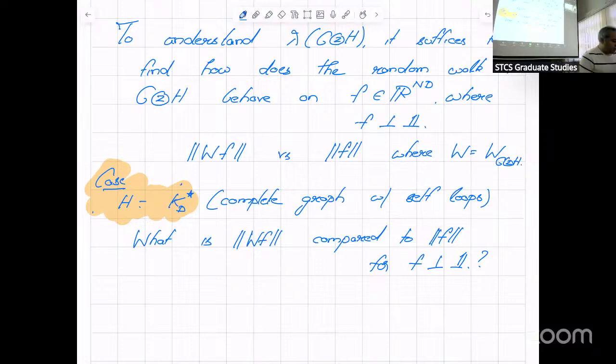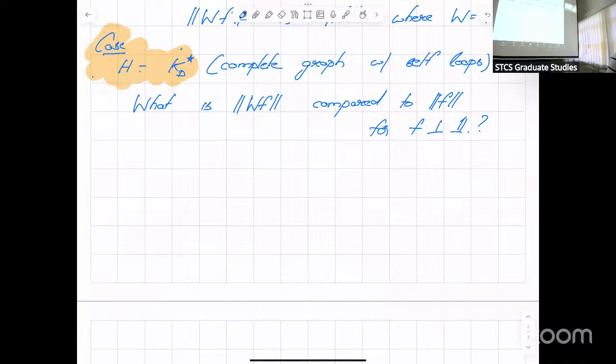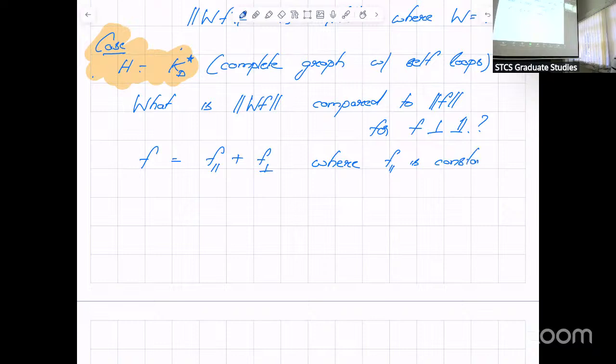So let's write. Given F, I'm going to write F as F parallel plus F perp, where F parallel is constant within each cloud. I'm taking the average and writing the constant, so that is F parallel.